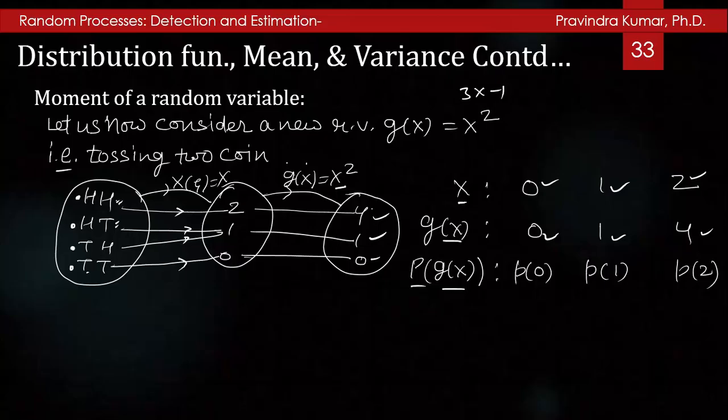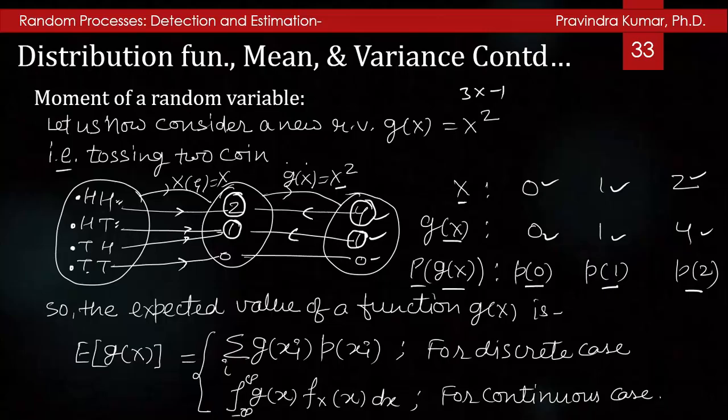The probability of g(x) equal to 4 means the probability of the random variable x equal to 2, and the probability of g(x) equal to 1 means the probability of x equal to 1. So here we have the probability at 0, the probability at 1, and the probability at 2. From here you can see the expected value of a random variable g(x) will be, in discrete form, summation g(xi) p(xi).